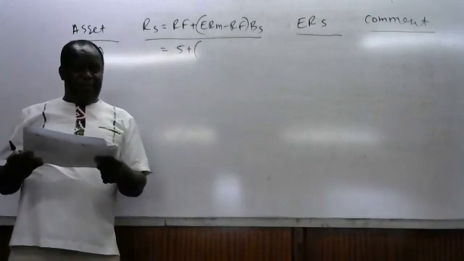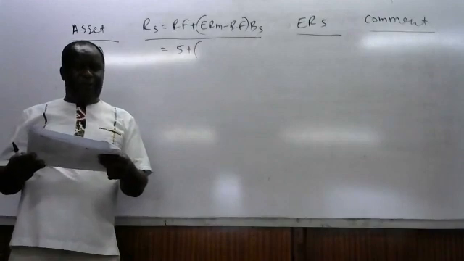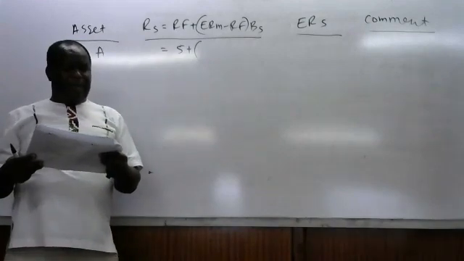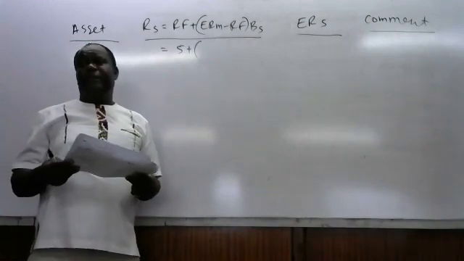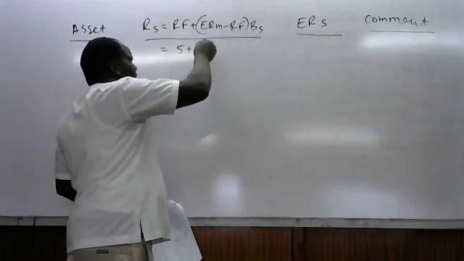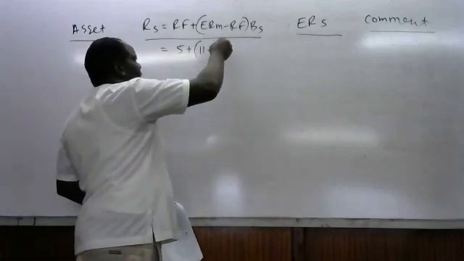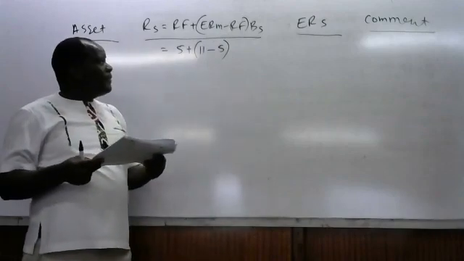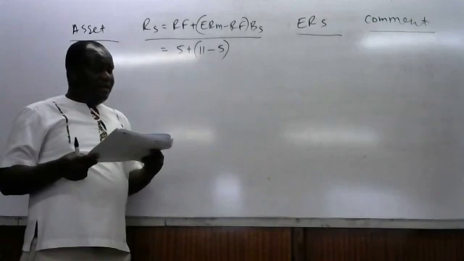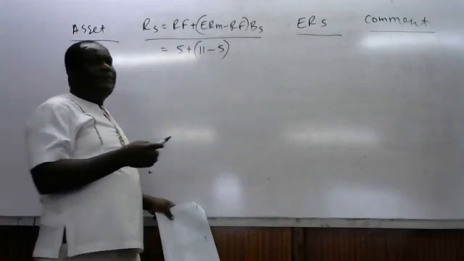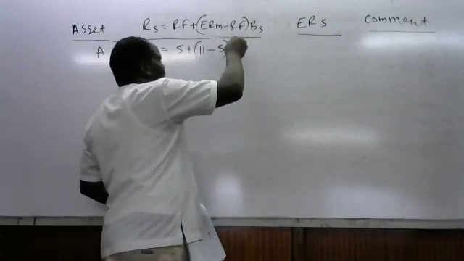Then the required overall return on the market portfolio is given as 11, minus the 5. Then you check under asset A, what are we given as the beta factor? It is given as 1.5.